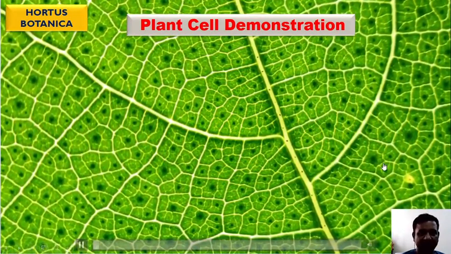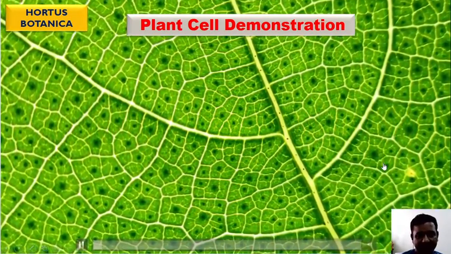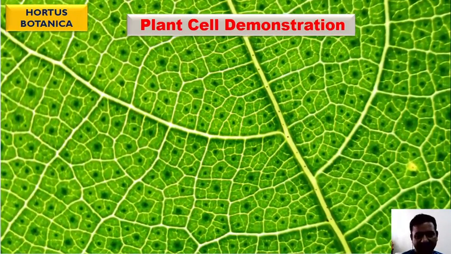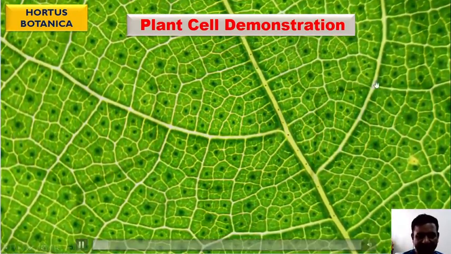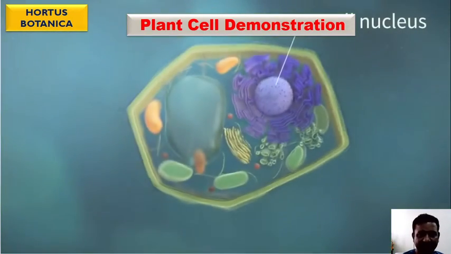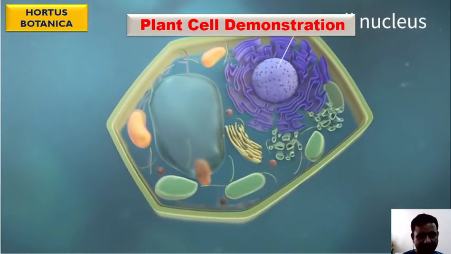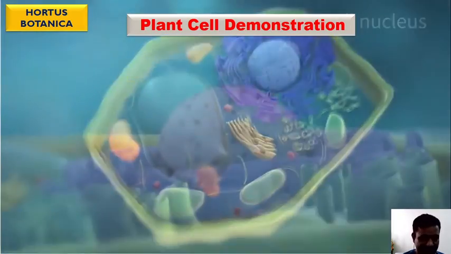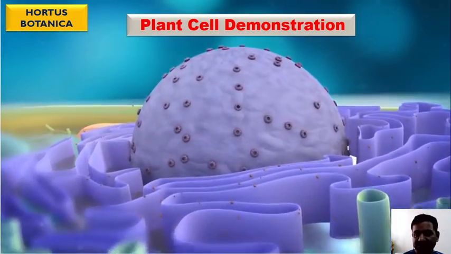So we are talking about plant cells. Say this is the leaf margin, and inside we have this hexagonal plant cell. See the brain of the cell, the nucleus, the controlling part of the cell.